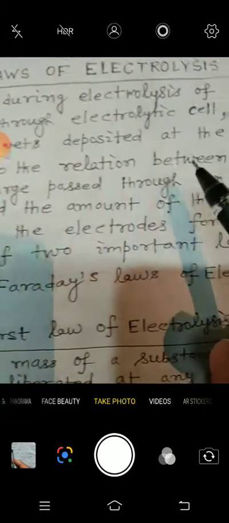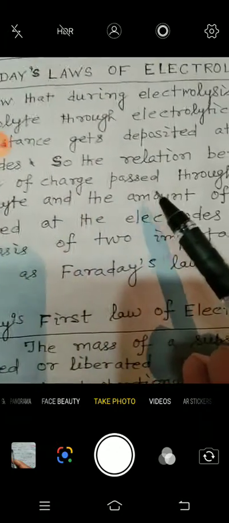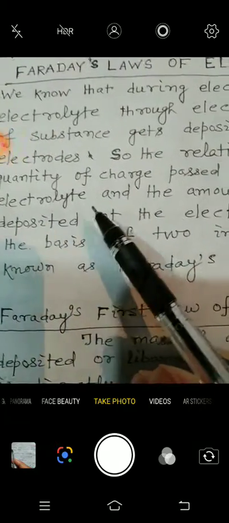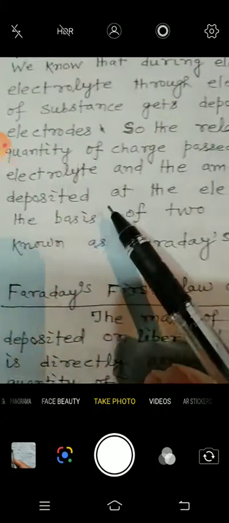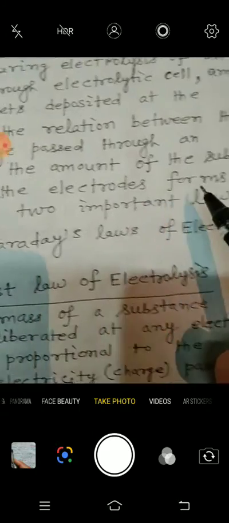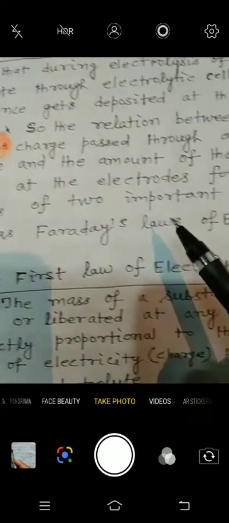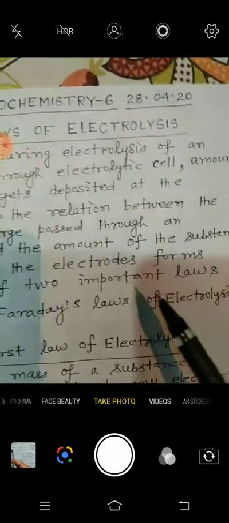The relation between the quantity of charge passed through an electrolyte and the amount of the substance deposited at the electrodes forms the basis of two important laws known as Faraday's laws of electrolysis.